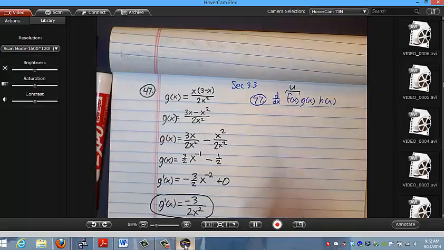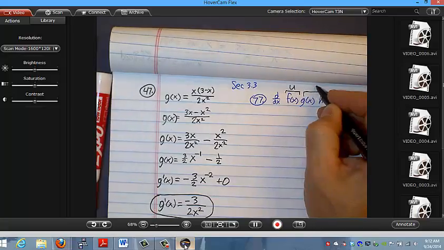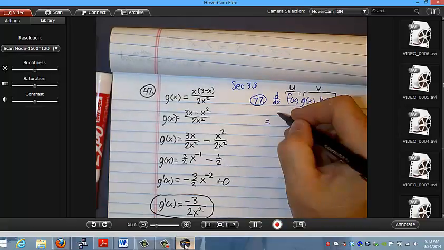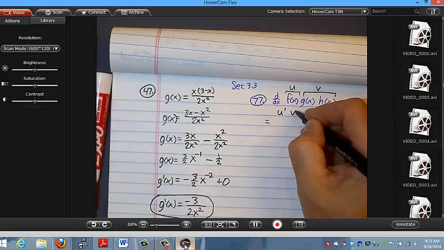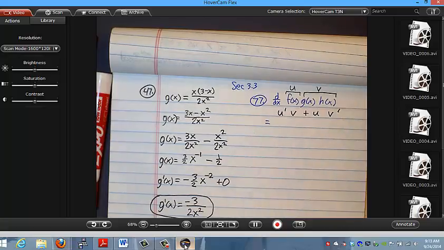So I'm going to make u equal to f. And I'm going to make v be g times h. And if I do that, then I know my answer will be u prime v plus u v prime. I know that's my answer.